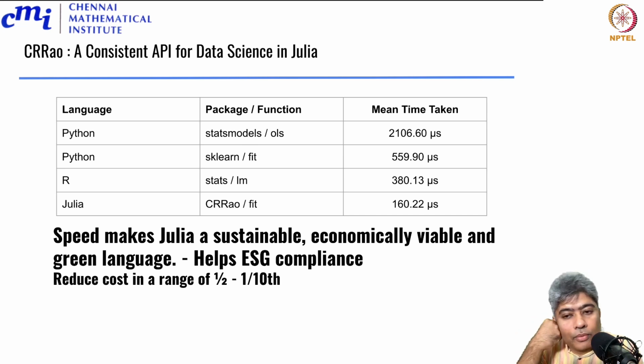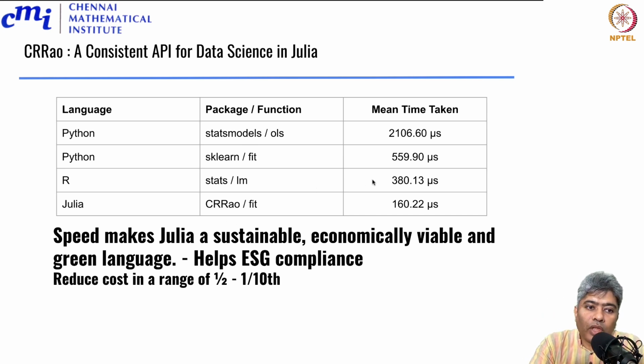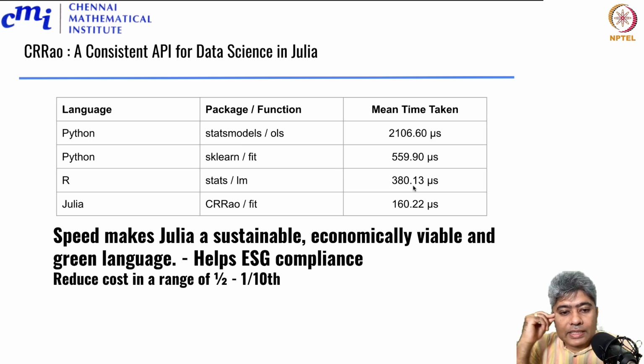And what we found is that in Python sklearn, it took about 560 milliseconds, and in R it took about 380 milliseconds, and in Julia it took about 160 milliseconds.